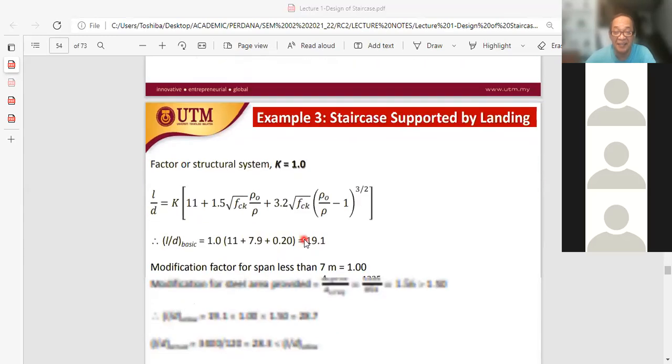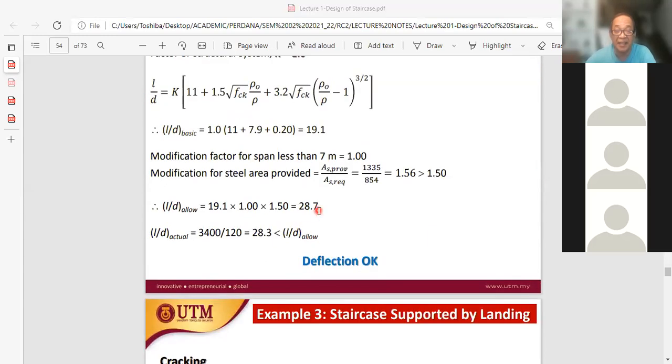Deflection criteria, kita dapati L over D allowable is about 28.7. Again, yang ini we have our L over D actual about 28.3. Terlalu hampir antara provided, L over D allowable dengan L over D actual.